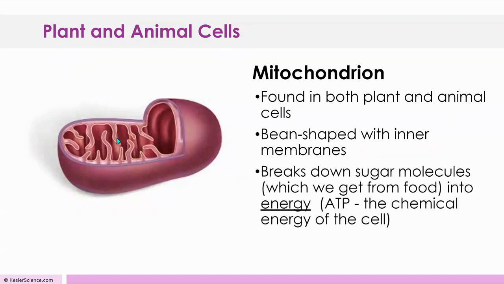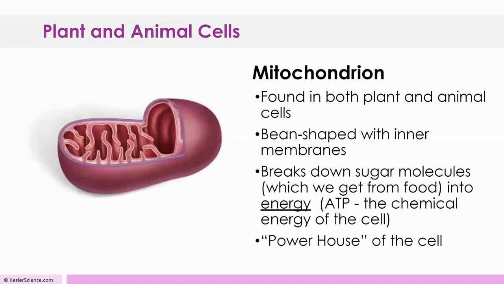It takes the energy that we get from food. Our stomach digests it, breaks it down into smaller and smaller parts until it's broken down to a simple sugar. This simple sugar is now small enough to enter into the mitochondria, and what comes out of the mitochondria is pure energy. It's ATP, the energy that cells need in order to do any work.